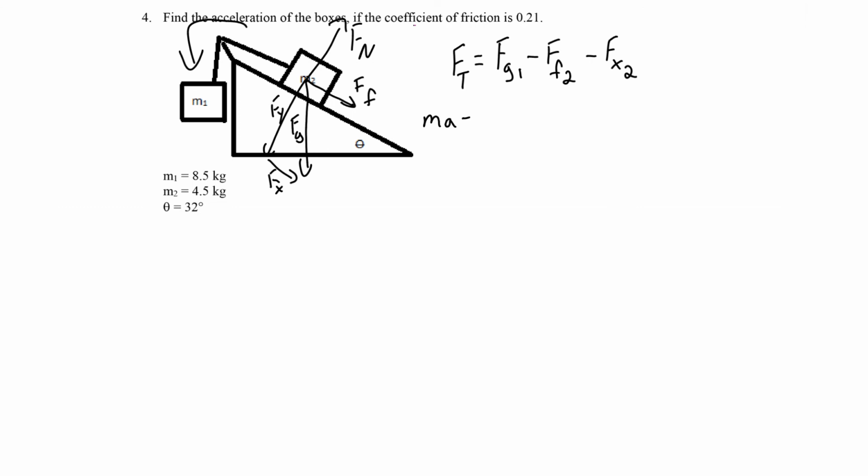So Ma is Ft. What's Fg1 going to be? mg. Mu Fn minus, what's Fx2 going to be?